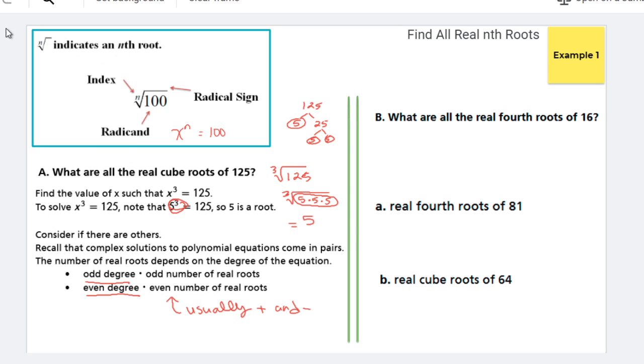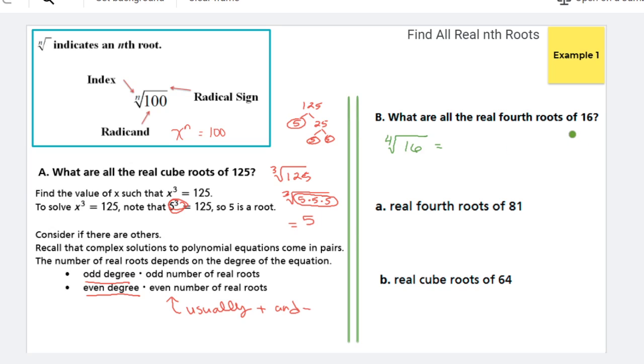It says, what are all the fourth roots of 16? It's kind of weird that they spell it out to us, so let's write it out in math terms. A fourth root means that my index is a 4, of 16. So it's asking what number times itself 4 times makes 16.